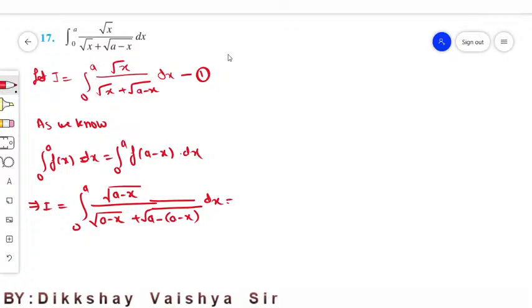This can be written as integral 0 to a of root a minus x upon (root a minus x plus root x), since a minus a gets cancelled and minus into minus becomes plus x, dx, calling this as equation number 2.